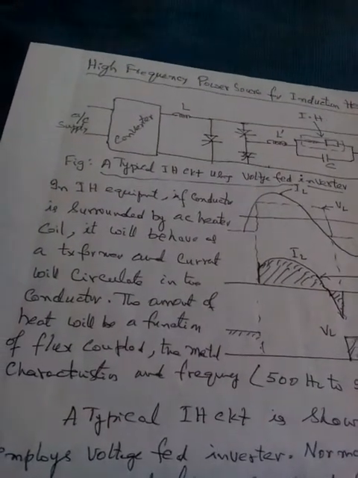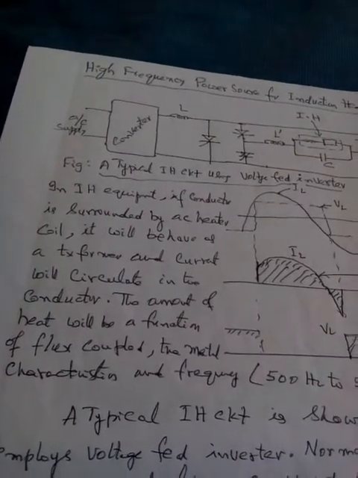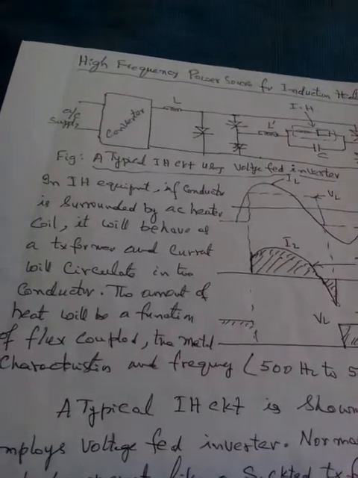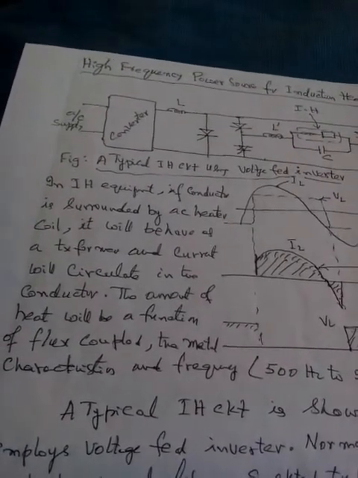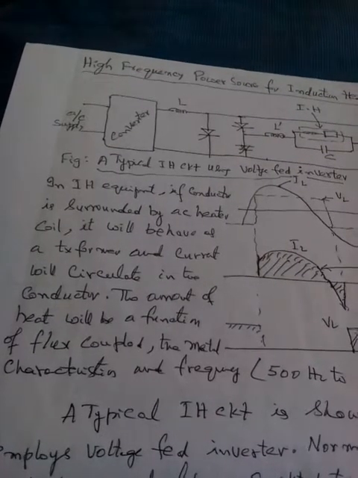The amount of heat is a function of flux coupled. The amount of heat produced is a function of flux, also the metal characteristics, and also the frequency. That is the conductivity of the metal, the amount of flux, and the frequency.